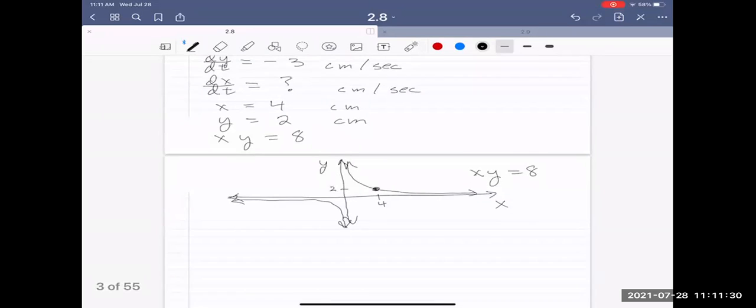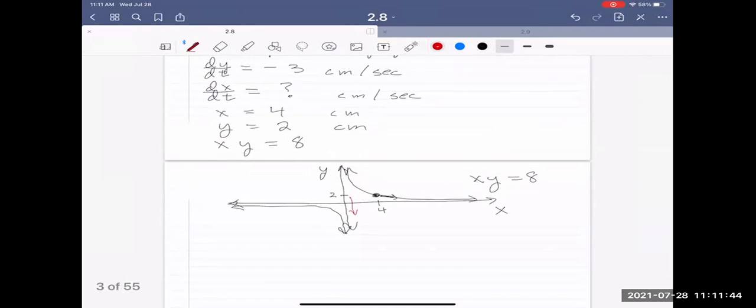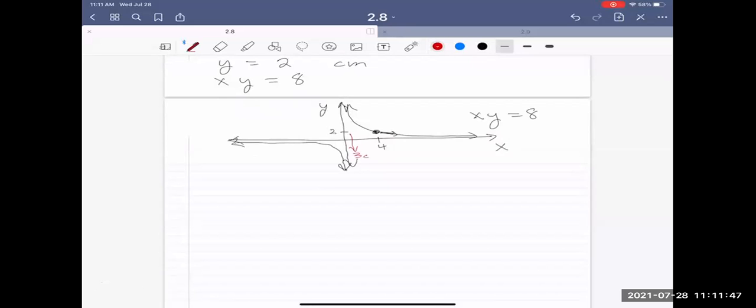And the y-coordinate, you're going in this direction. You're dropping at a rate of 3 centimeters a second. The question is, as you're going along this curve, so you're dropping, how fast are you going in the x direction? So if I look in the x direction, how fast am I traveling?